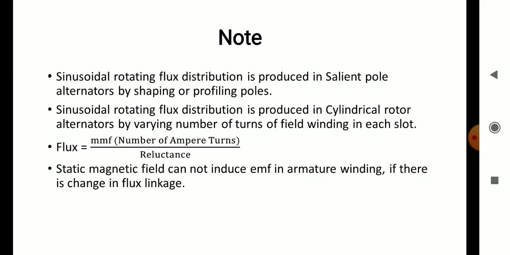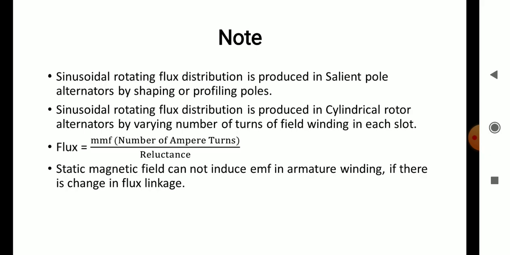Now a static magnetic field cannot produce induced EMF in the armature winding, because EMF is induced in a coil when there is a change in flux linkage with the coil. This change in flux linkage is produced by relative motion between field flux and coil. This is dynamically induced EMF.